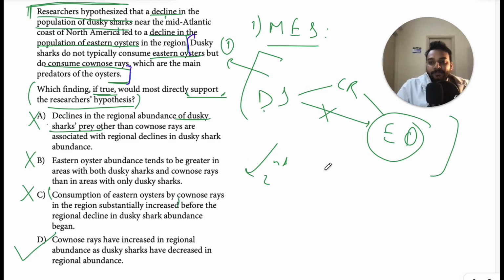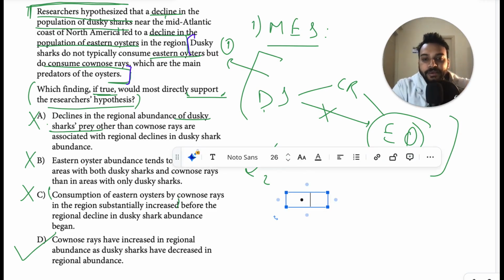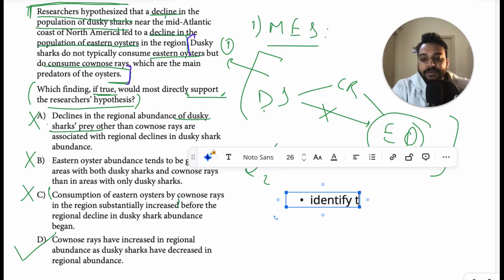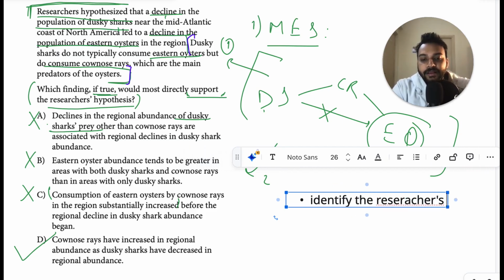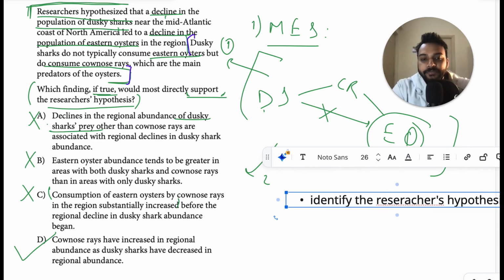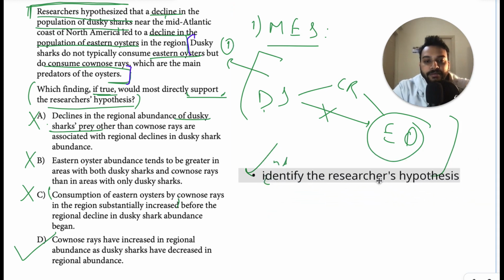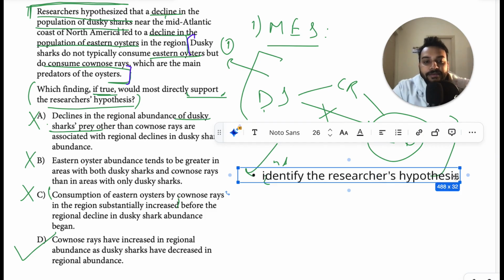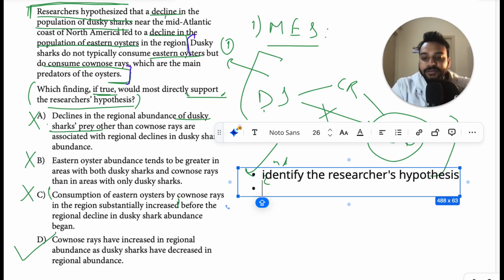I'm going to write it down here quick. So first of all, you identify the researchers' hypothesis. This is the first step. Then, second, decide whether to read the options first or the passage first. I'm not making this hard and fast, because that's what the minimum effort strategy is all about.